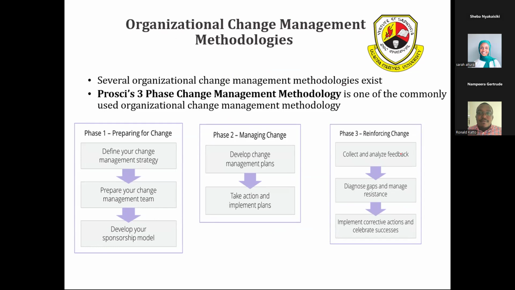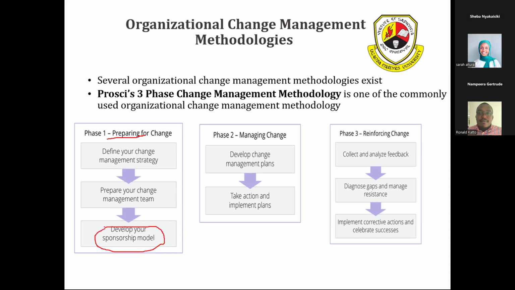Here we have an organizational change management methodology developed by Prosci, which has 3 stages. So all of these are not different from the framework we've been dealing with. You have the preparation stage, which is the planning stage. Here you define your change management strategy, prepare your team, those who are going to lead change, then develop your sponsorship model.